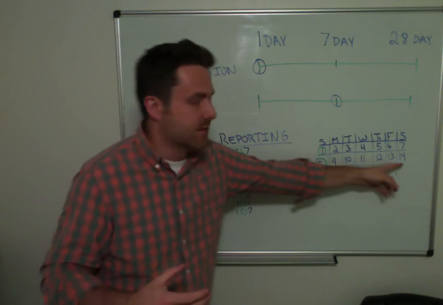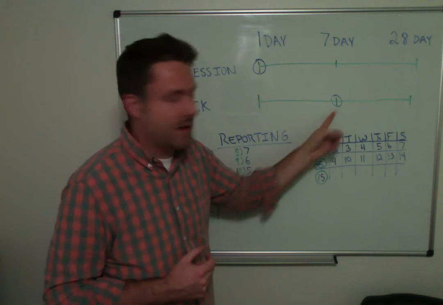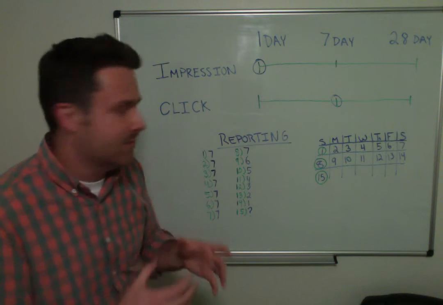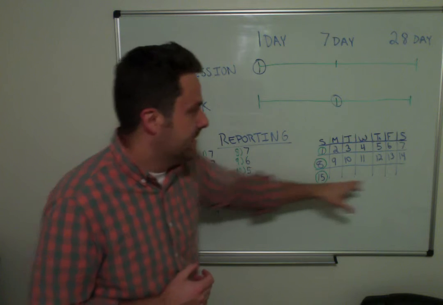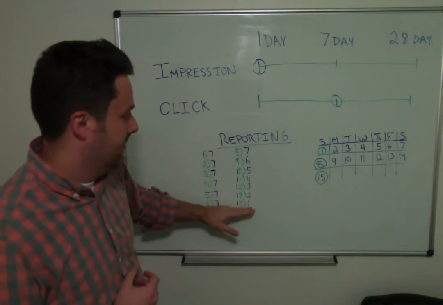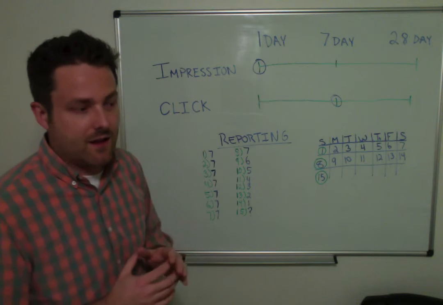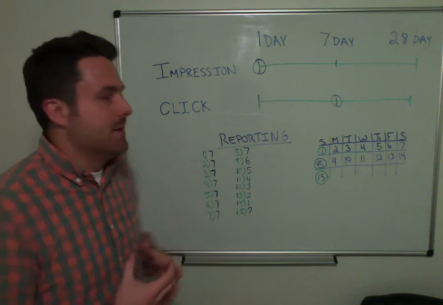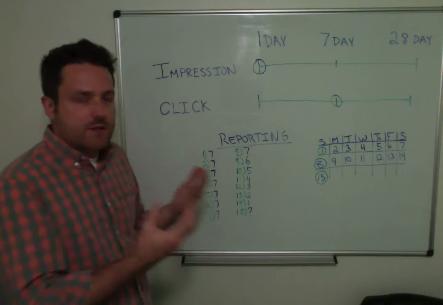That's only one of those 7 days that you're accumulating data for. So on the 15th, if you look at revenue based on a 7-day click, the 14th is going to be wildly understated. And so it's really important that you understand the nuances.